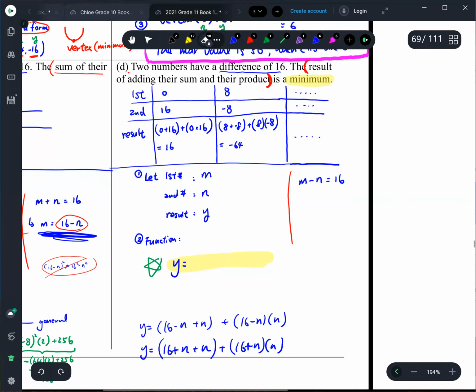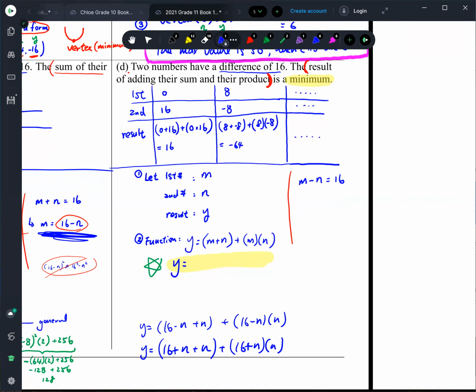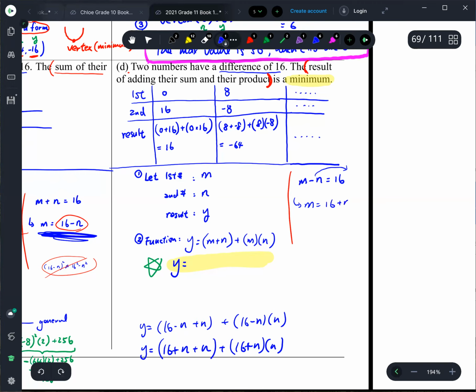And now the function. It tells you to do the sum, so m plus n, right? That's the sum. Adding with the product, so m times n. And then from the side, if you isolate the n, that means you need to move the minus n to the other side. So it will become 16 plus n, or n plus 16.